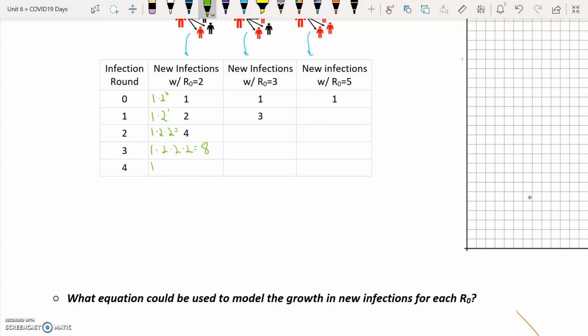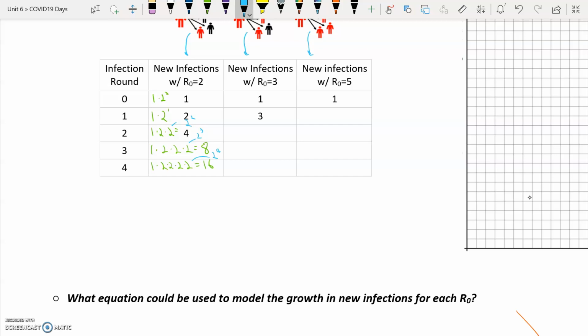And this would be starting with 1 person, 1 times 2 times 2 times 2 times 2, which is 16. So notice this right here, this is 2 squared, 2 to the third, 2 times 2 times 2 times 2 is 2 to the fourth.